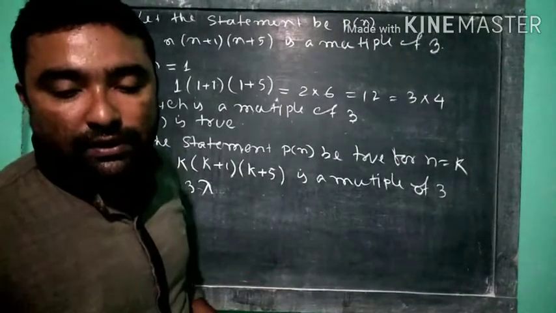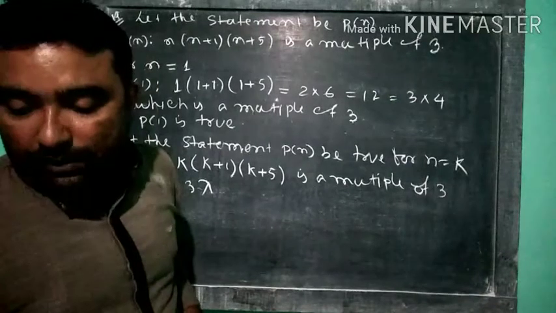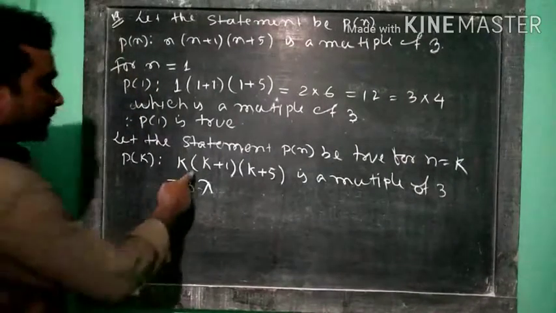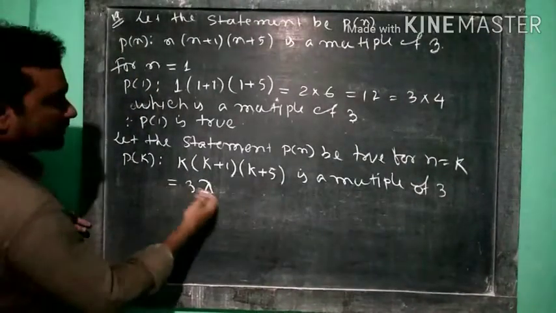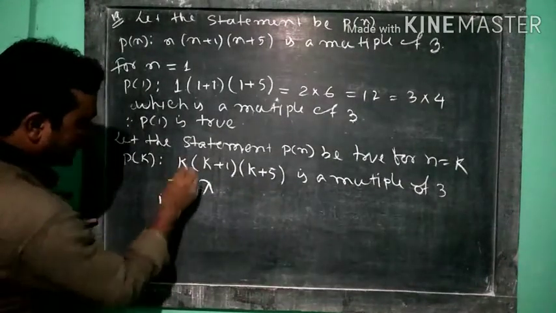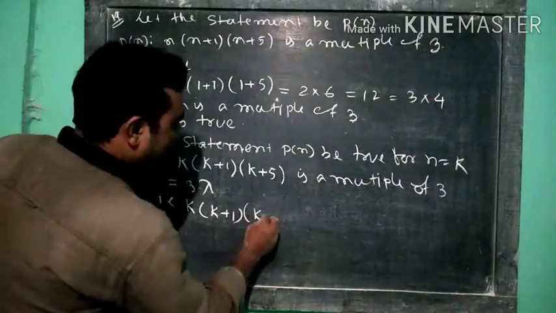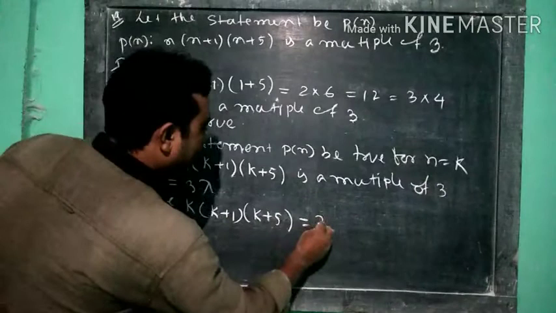Then we can write this is equal to k whole into k plus 1 and k plus 5, this is equal to 3 lambda.